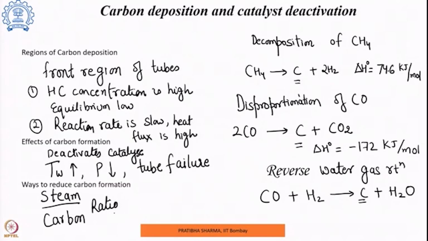Now if we look at the entire process, the thermodynamics of the process, we see that carbon formation is preferred for temperatures less than 600 degrees centigrade. So below this region, the thermodynamics prefers carbon formation.